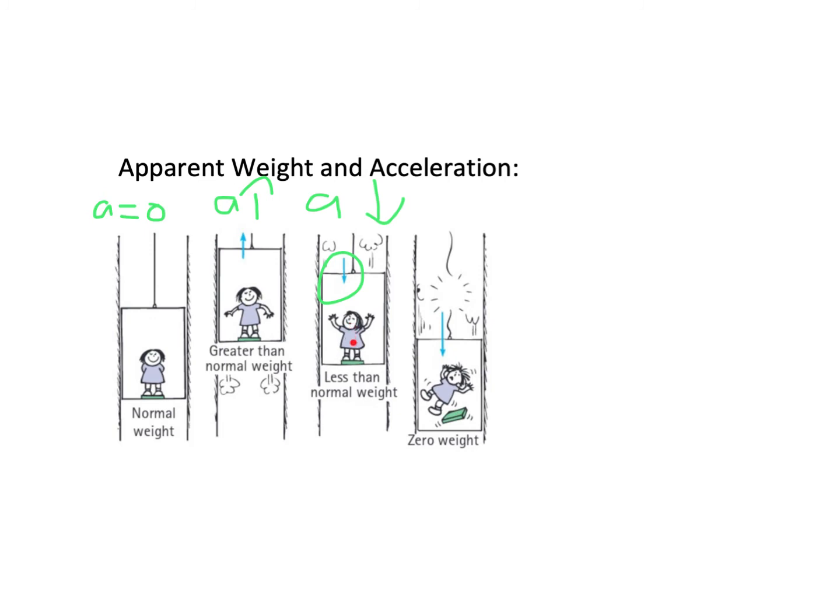Now, as the acceleration downward gets bigger and bigger, eventually it'll get to little g, 9.8 or about 10 meters per second squared. Once that happens, you and the elevator and the bathroom scale are essentially all in free fall. Or you could imagine if the cable were to break, it would be the same thing. You would fall, the elevator would fall, the bathroom scale would fall.